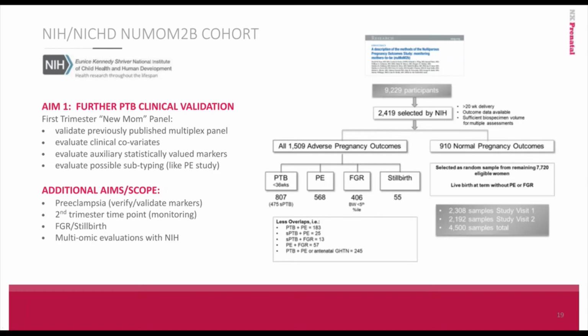Almost 10,000 first-time moms were participants with an extensive data collection and multiple sample types collected at defined intervals throughout the pregnancy. The NIH randomly selected about 2,400 of the participants. The breakdown of normal versus disease or birth complications is shown here.